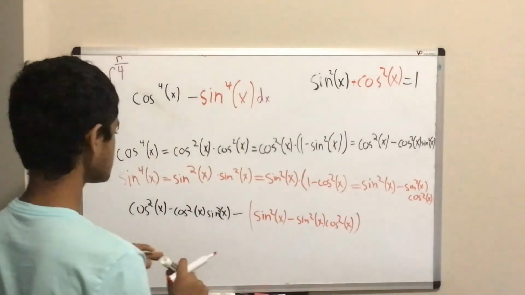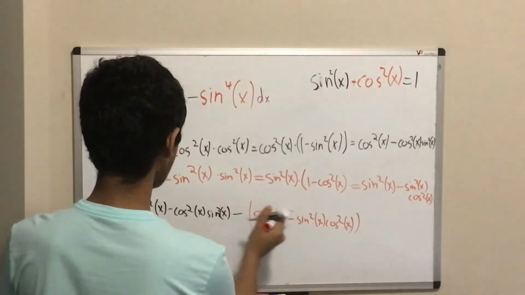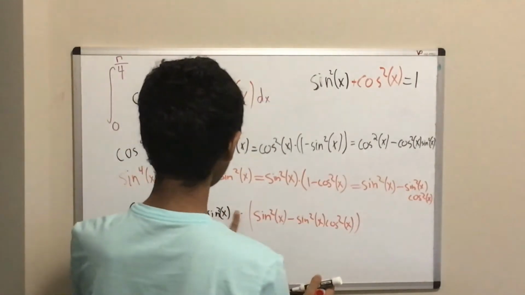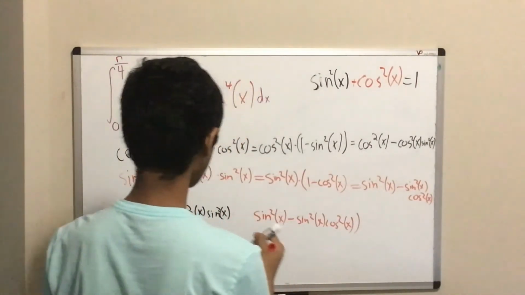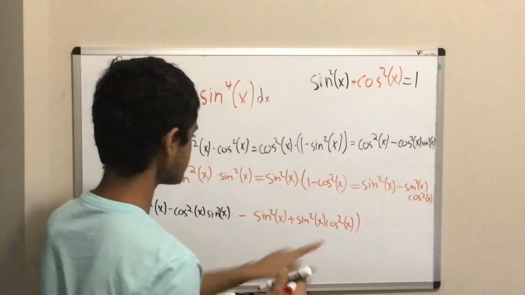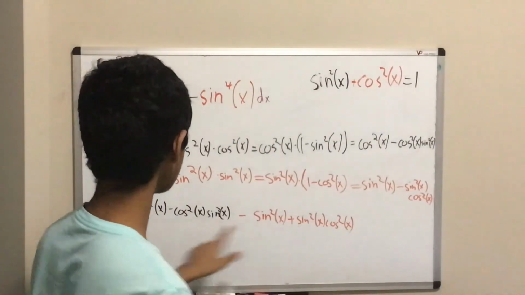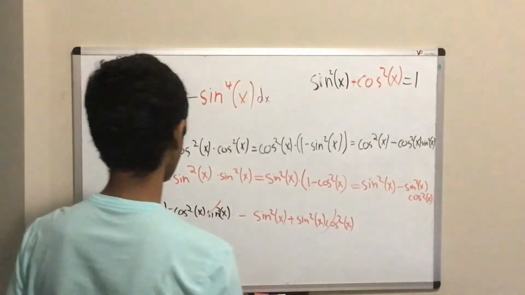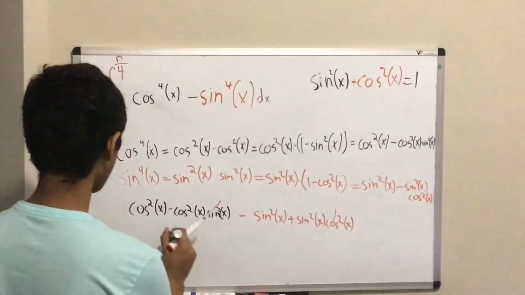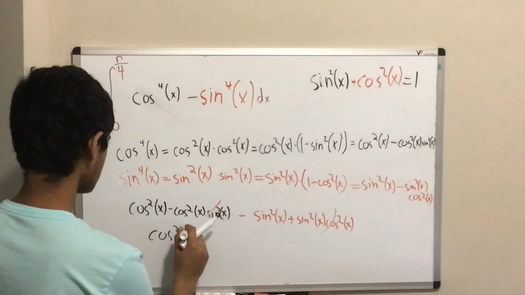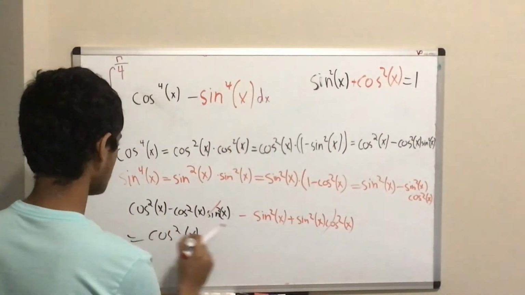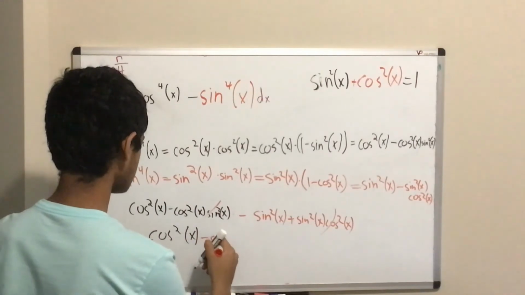Since this becomes positive, we can remove the parentheses by making this a minus and this a plus. These two terms cancel out with each other, which leaves us with cosine squared of x minus sine squared of x.